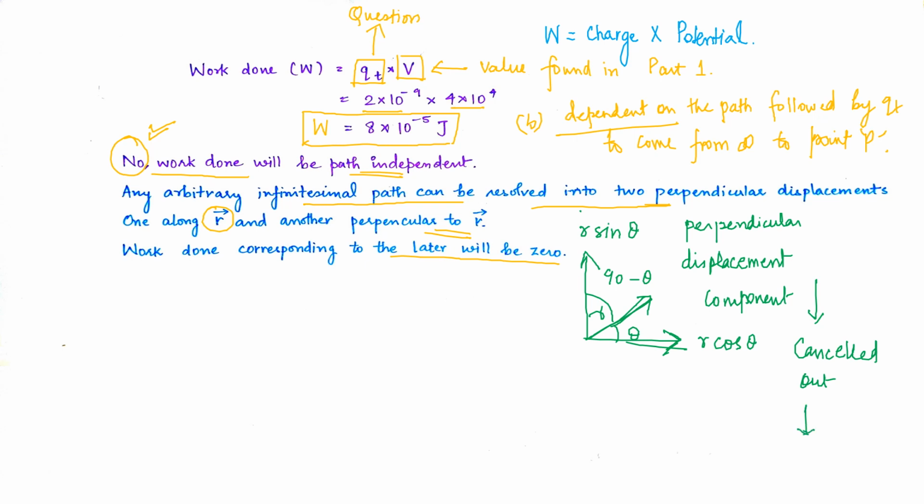Hence its resultant will always come to be 0. So most of the time what is followed is the component along the displacement vector R.